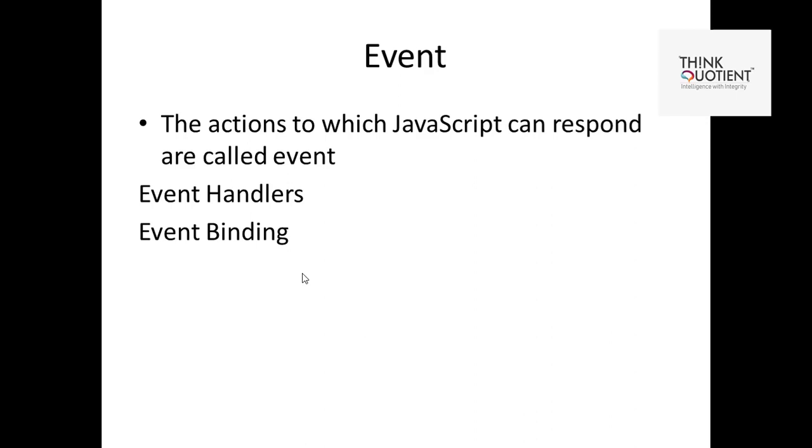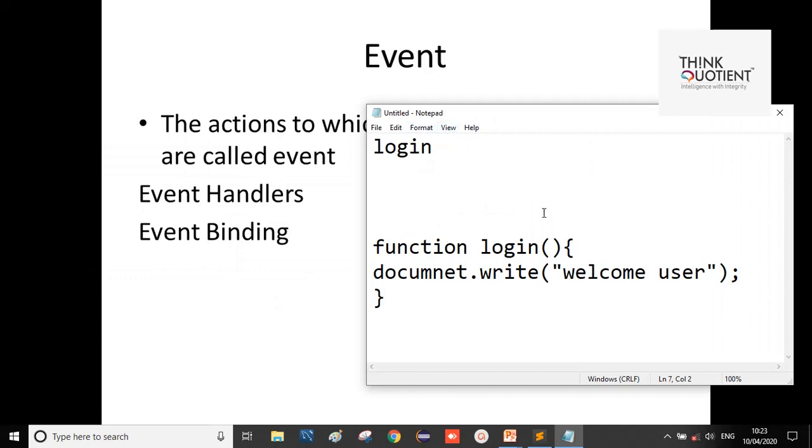Event bindings are element attributes such as onclick, onchange, which can be set equal to the JavaScript that is to be executed when the given event occurs. You have this login button and you want this method to be executed, but how is that going to happen? For that purpose we need this event binding. Bindings are the element attributes such as onclick, onchange, which can be set equal to the JavaScript that is to be executed when the given event occurs.